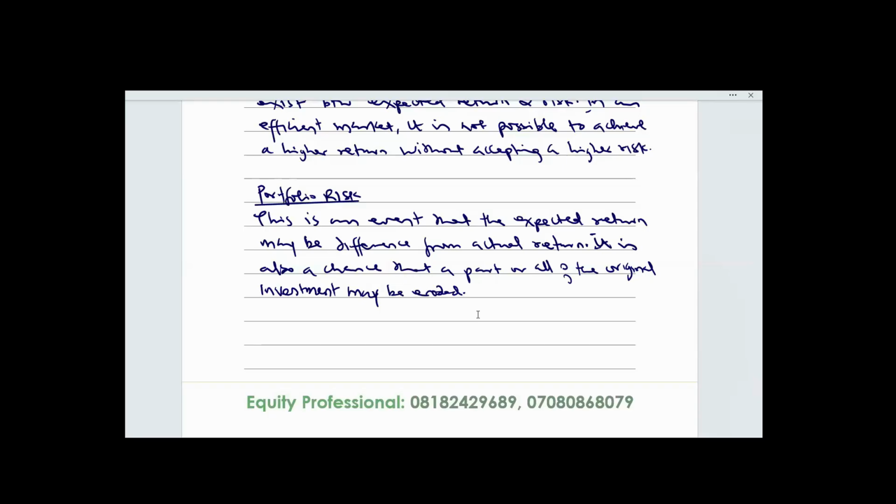You have committed money in an investment, and at the end of the day, due to market condition, the entire investment is gone. You can imagine what the impact will be on the investor. All right. So that's a risk. Part of your investment may be impaired. So what you anticipated to earn at the end of your investment period may be different from what you actually achieve.